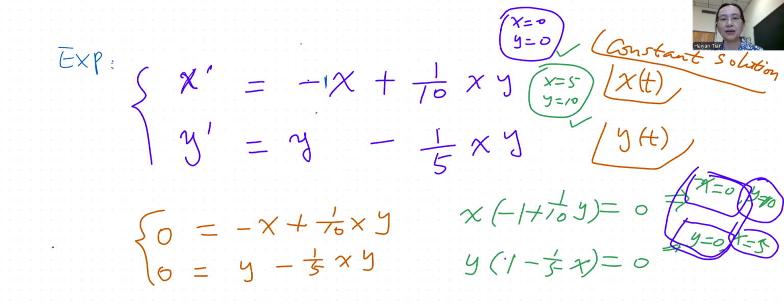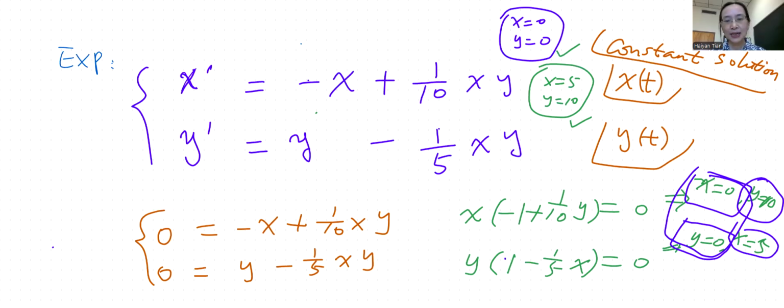What is B? B is 1/10. What is C? C is also 1 here. D is 1/5. Yeah, A, B, C, D. And then let's check on the formula.